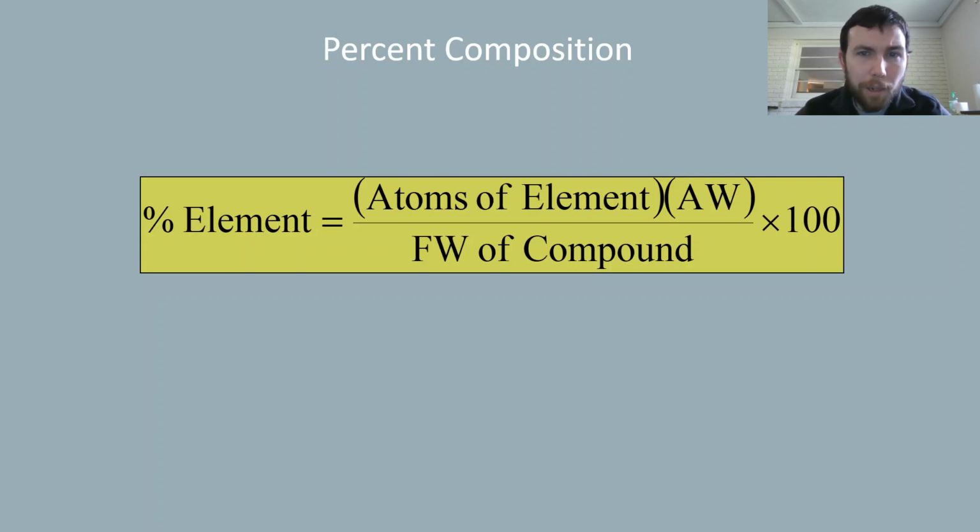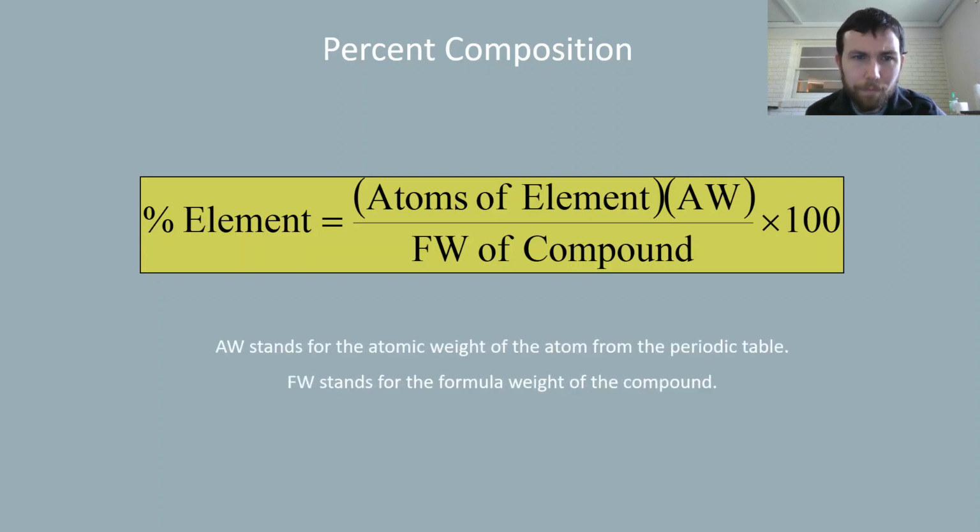Then we divide it by the formula weight of the overall compound. When you do that, you should get a decimal number, and then you multiply it by 100, and that's going to tell you your percent composition of that particular substance. Just to clarify, AW there stands for the atomic weight of the atom from the periodic table, and FW stands for the formula weight of the compound.